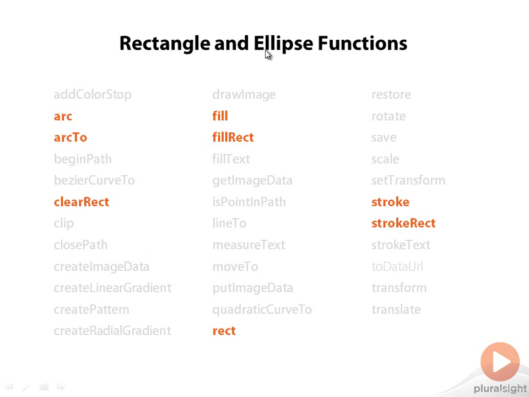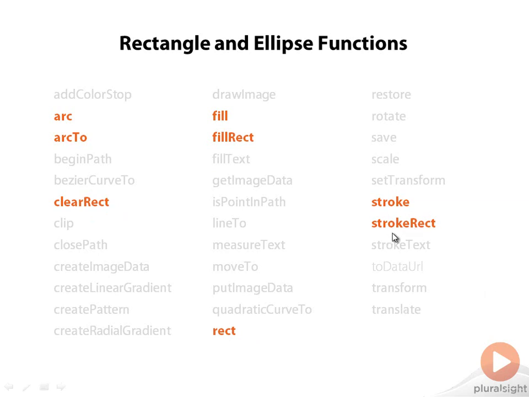So first off, there is no ellipse or circle function built into the canvas, but there is something called arc and arc2, and those can be used to do the equivalent of a circle or different types of shapes, ellipses. We can also do things with rectangles. We can fill a rectangle, clear it. We can just draw a generic rectangle which could be filled or stroked with an outer border color, and we can even stroke a rectangle.